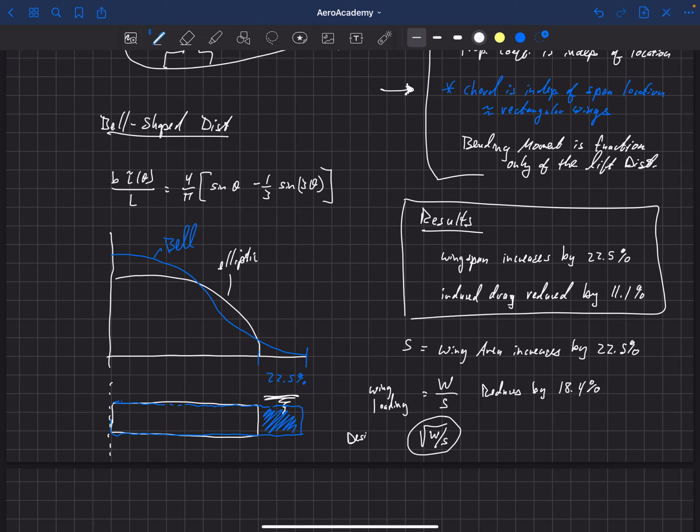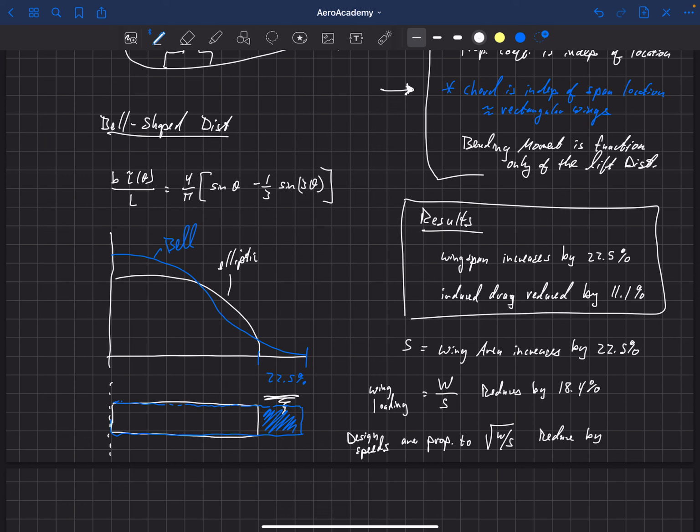Design speeds are proportional to the square root of W over S, the square root of the wing loading. So that means our design speeds have reduced by about 9.7%.